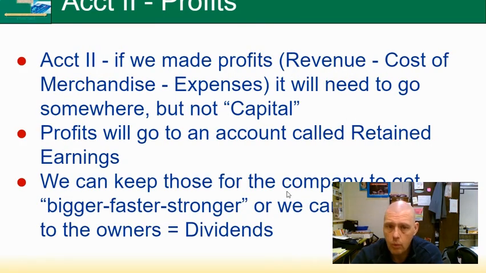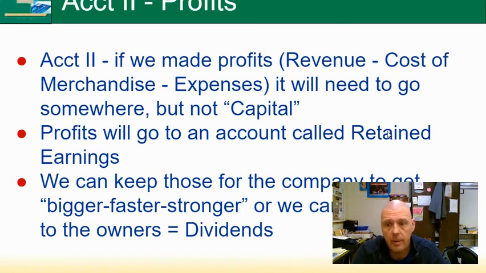We're doing the same thing, we're just doing it a little different way, right? If we make money in accounting 2, meaning our revenue is bigger than the cost of merchandise, the raw material that goes into our product, and our expenses, it will need to go somewhere, but we don't have a capital account in accounting 2. Our profits are going to go into this account called retained earnings. Right?